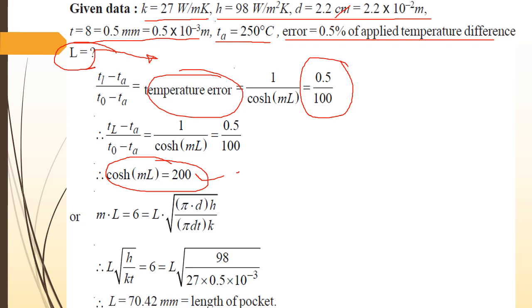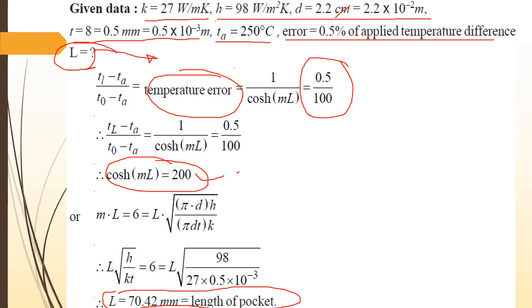That is L times the square root of hP/AK. So L times the square root of h/(kt) equals 6, that is L times the square root of 98/(27 × 0.5 × 10^-3). So the length of pocket is 70.42 millimeter.